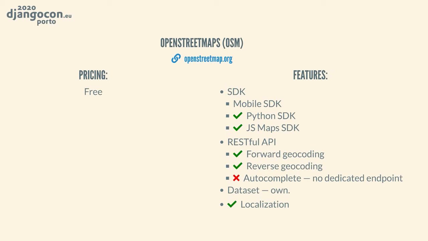It has its own dataset, which is crowdsourced by the users, and it has localization. The only con is that the data is open and free, but services usage is not free, and their services run entirely on donated resources, and they have limited capacities.